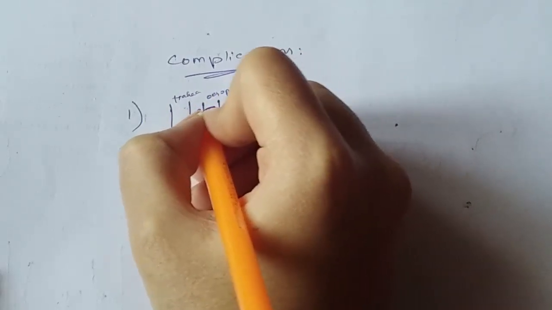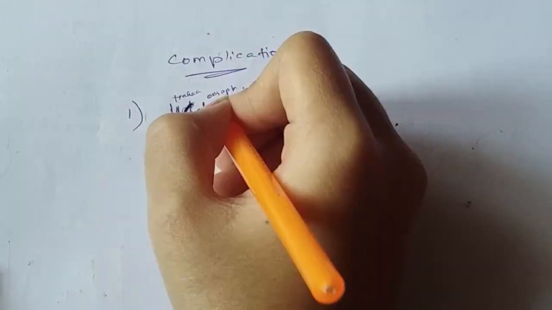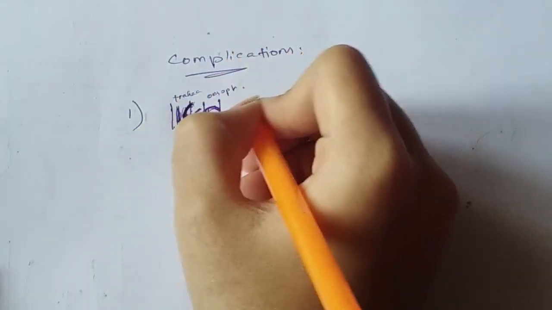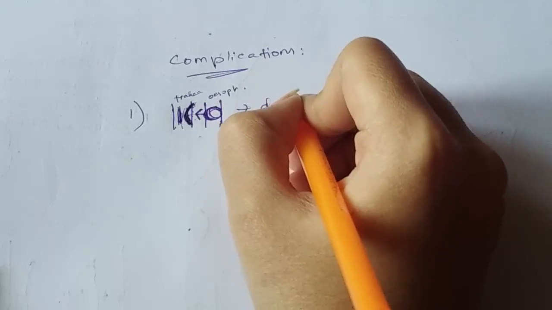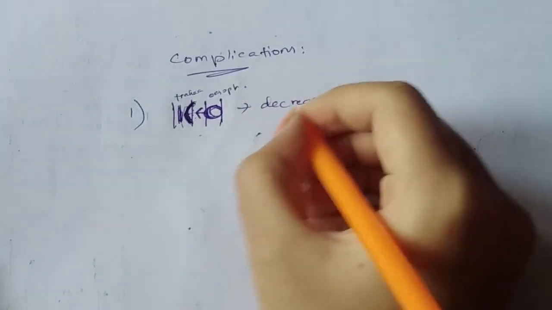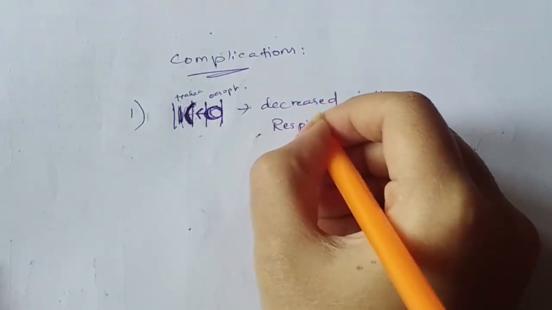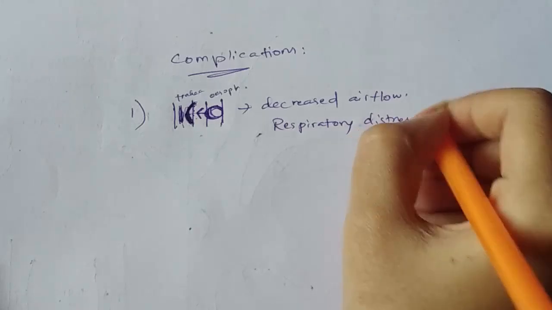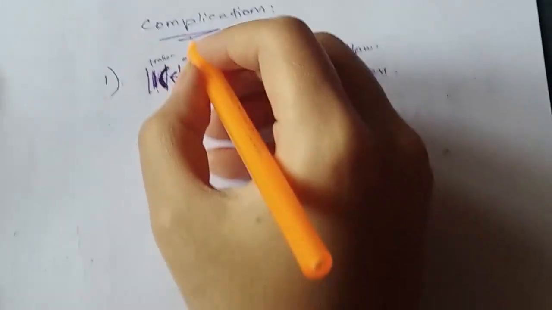So the presence of foreign body compresses the trachea. This compression causes obstruction of the trachea. This leads to decreased airflow and respiratory distress. Respiratory distress is caused by the presence of a foreign body in the esophagus.